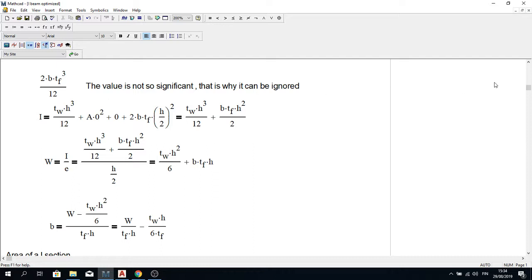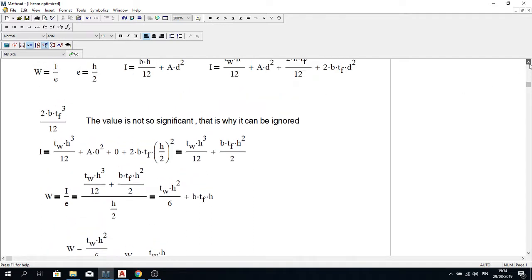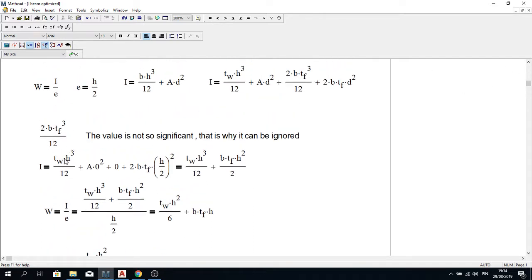So now, like I said before, BH cubed divided by 12 plus A, and D is 0, plus we have ignored this, so we can consider this as 0, and plus 2b times thickness of flanges, and D is H divided by 2.